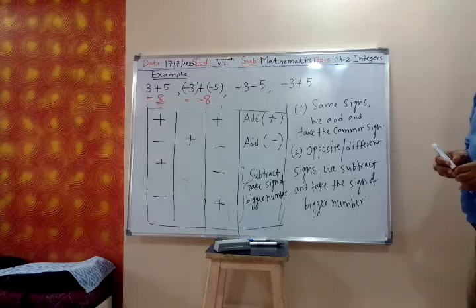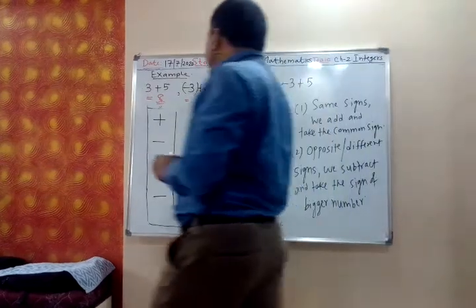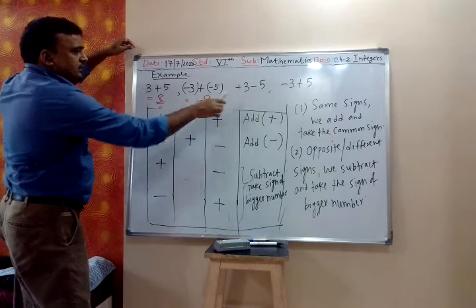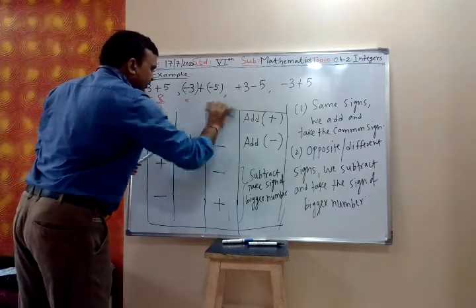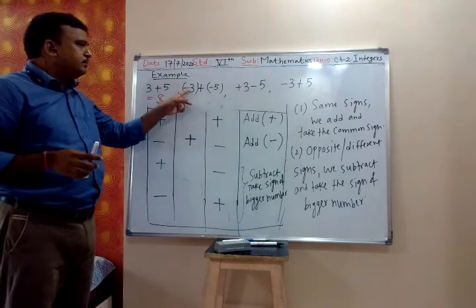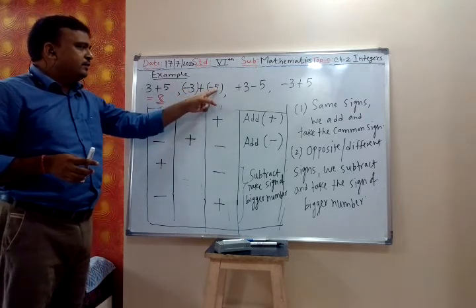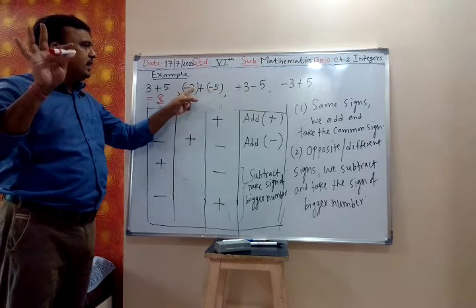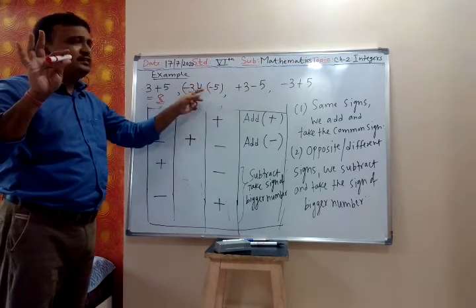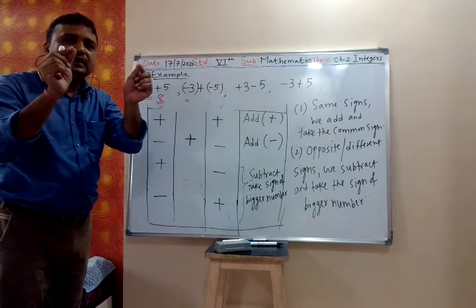Now let us see plus 3 and minus 5. Try to understand. Sign of 3 is minus, sign of 5 is minus, so both have minus minus sign.